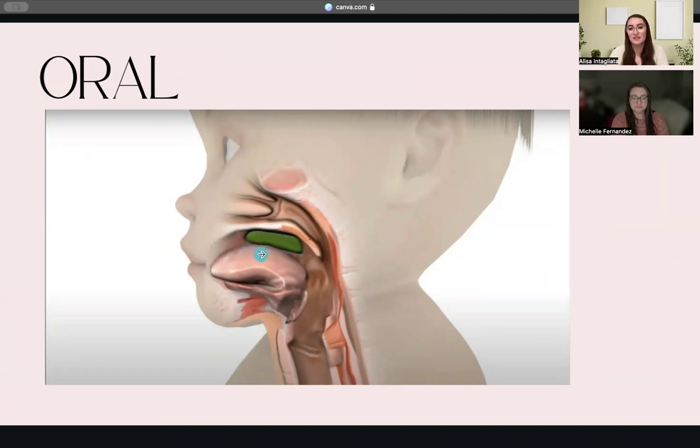The middle of your tongue is going to push up the bolus against your hard palate and the back of your tongue is going to drop. Essentially, this creates a ramp for the bolus to go down and enter the pharynx.